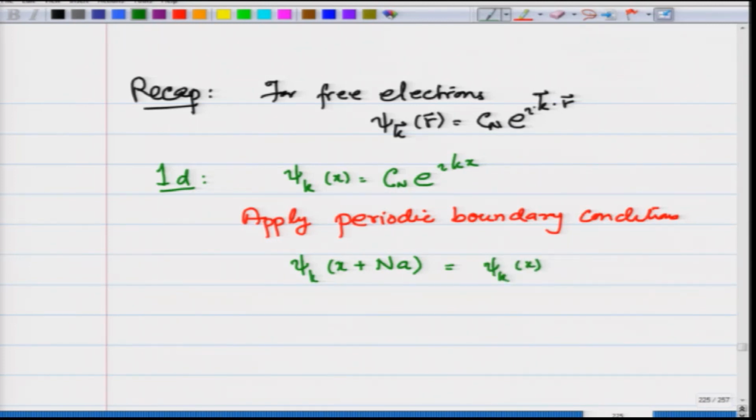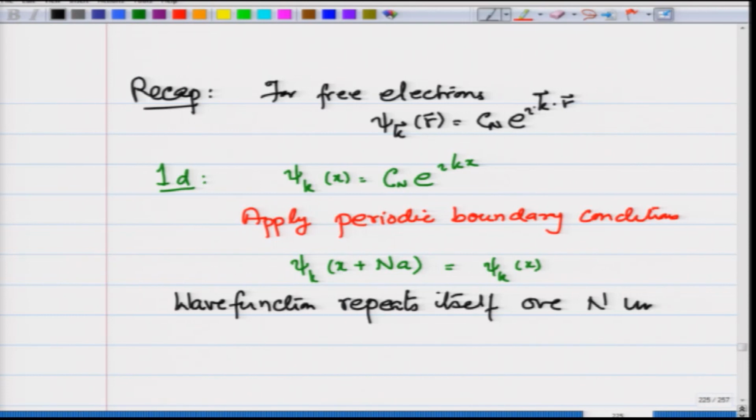So, the wave function repeats itself over n unit cells, and so it becomes periodic over the n unit cells, and that is the periodic boundary condition.